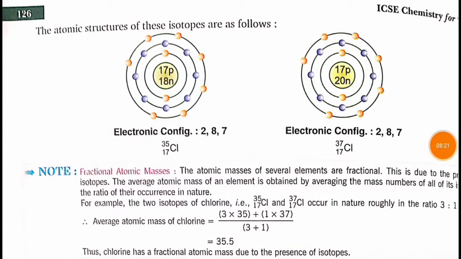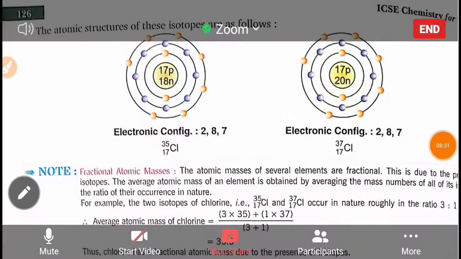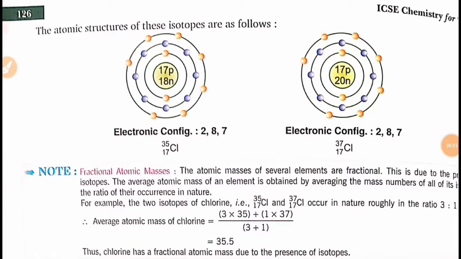This is the structure of isotopes of chlorine. Simple structure is there. Electronic configuration should be 2, 8, 7. Only the difference of neutrons: in the first one 18 and in the second one 20.